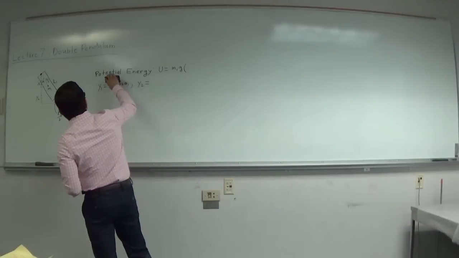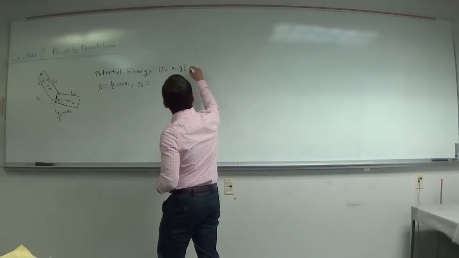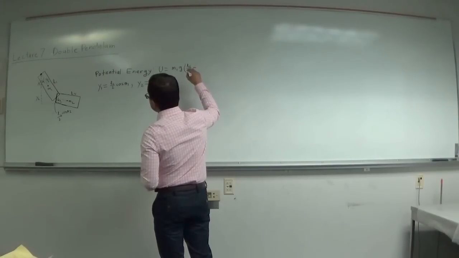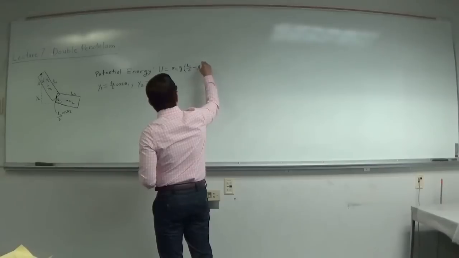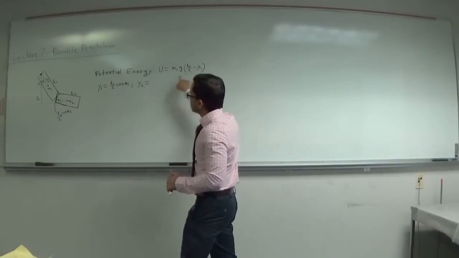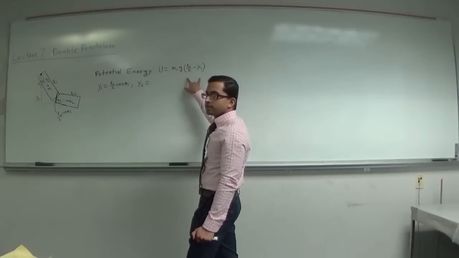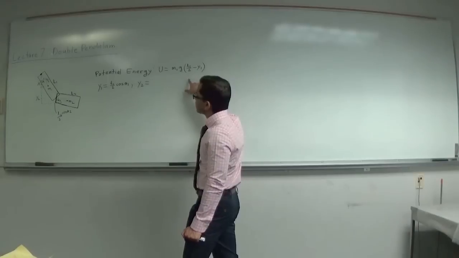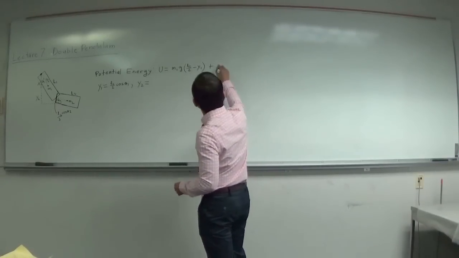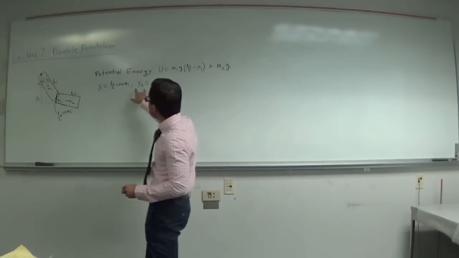So let me just keep this as positive, and I'm going to write this as L1 over 2 minus y1, so that when it's at the equilibrium position, theta 1 equals 0, this is going to be 0. So let's define it like that here. Then we can continue with this, but first we have to find y2.